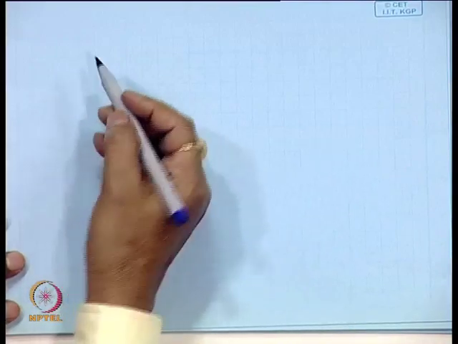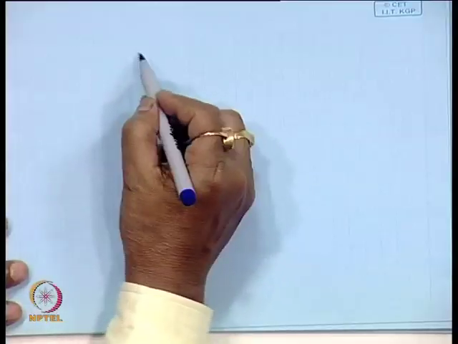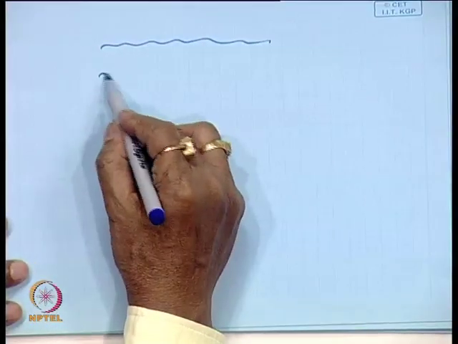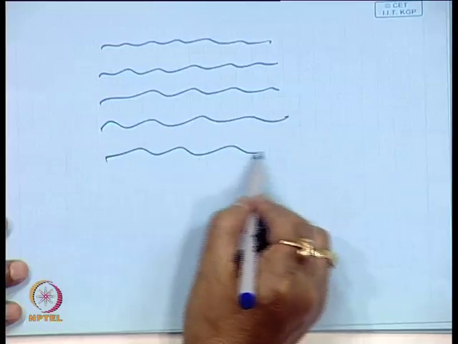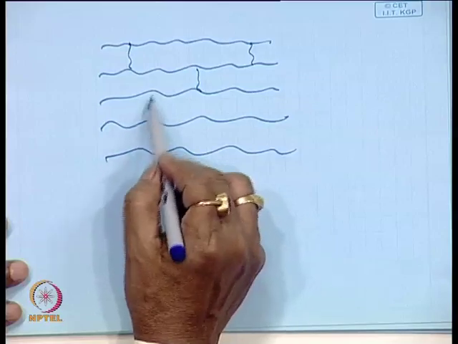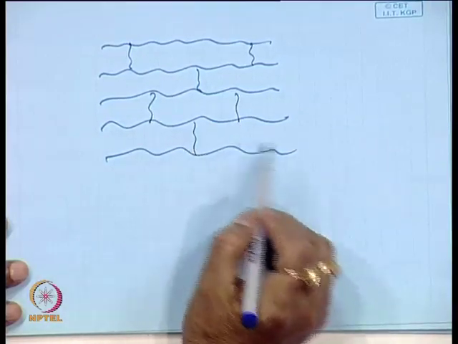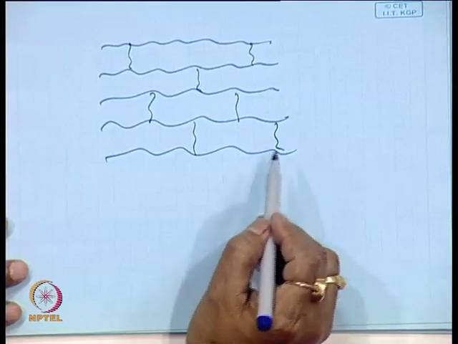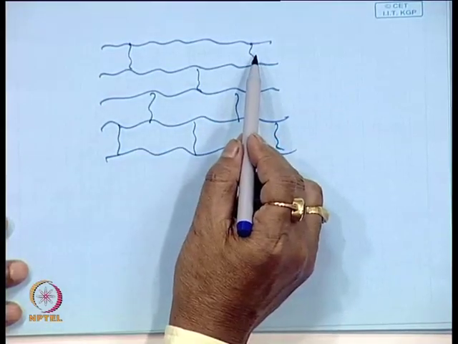This branched structure will lead to, since those groups are reactive, as I told, hydroxyl and carboxyl reactive groups are there in their ends, an intermolecular cross-linked network structure. These are linked by primary valence bonds.